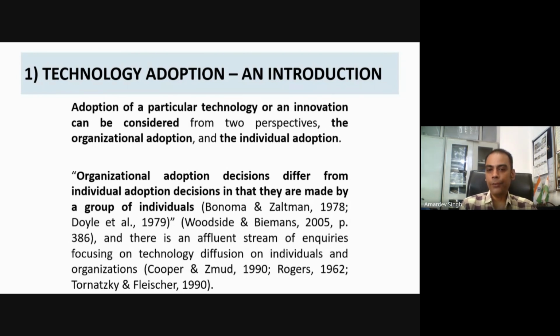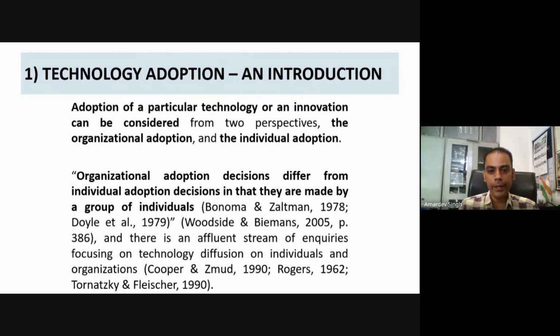Individual adoption is like using a particular software tool. Your institution has said that you have to have online classes, but they have not prescribed any tool. They left it open: you can use Google Hangout, free conference call, Zoom, Cisco's WebEx, or any other tool.